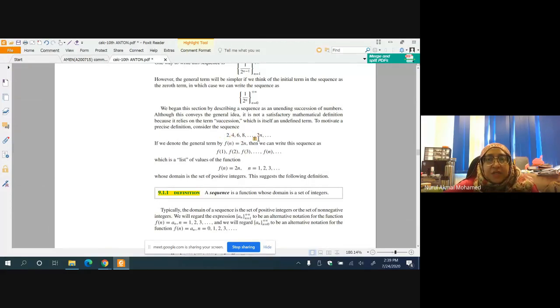The general term will be 2 multiplied by n. The domain of the integers will be 1, 2, 3, 4, and so on. So 1 is mapped to 2, 2 is mapped to 4, 3 is mapped to 6. The function that connects all the mappings is f of n equal to 2 multiplied by n.